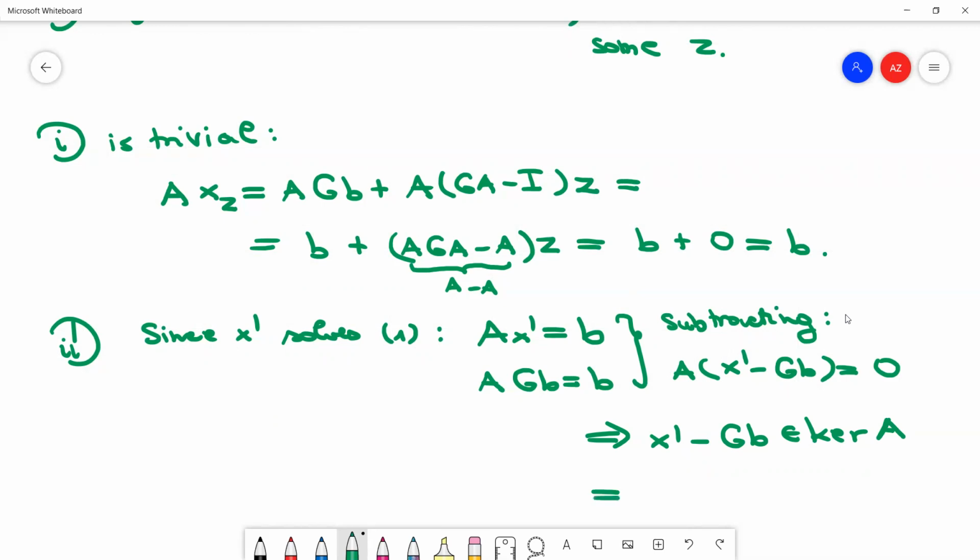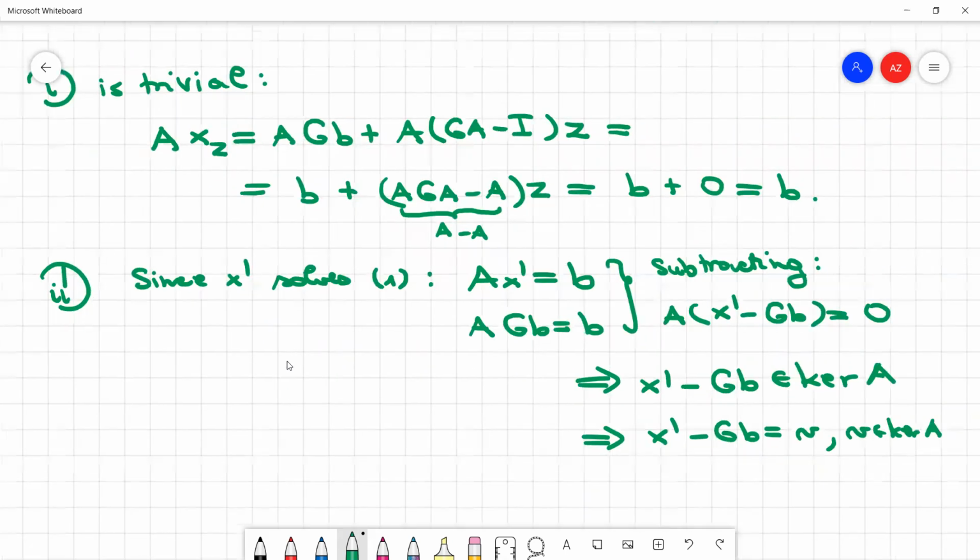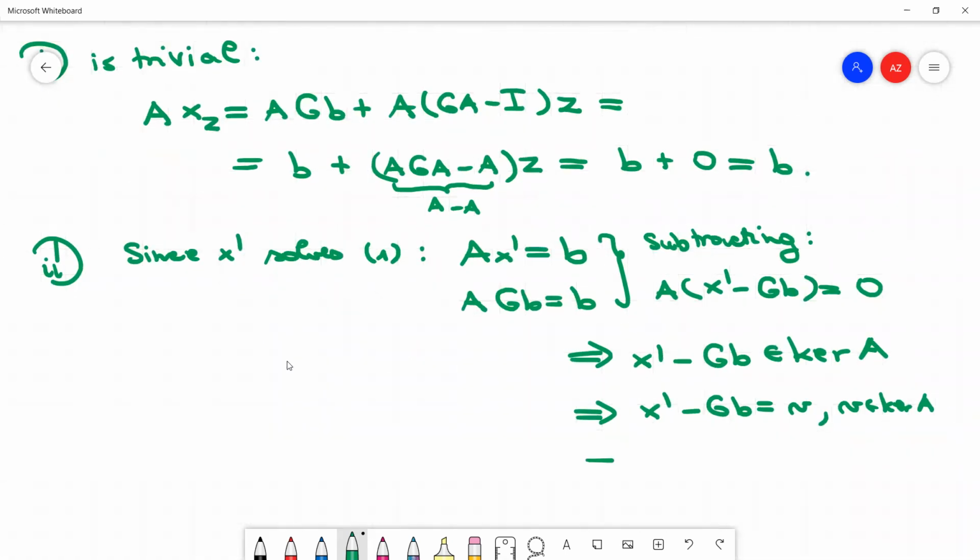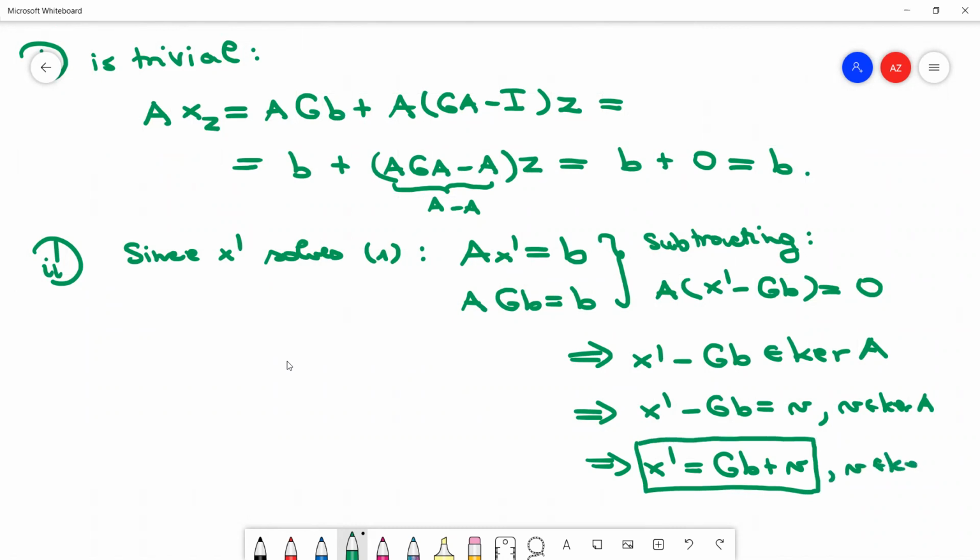So this means that X prime minus GB is some vector V, where V is in the kernel. Which means that X prime is equal to GB plus V. And of course, V is from the kernel.